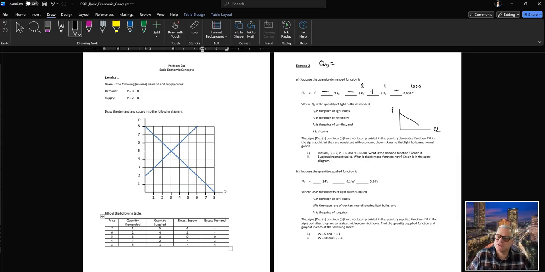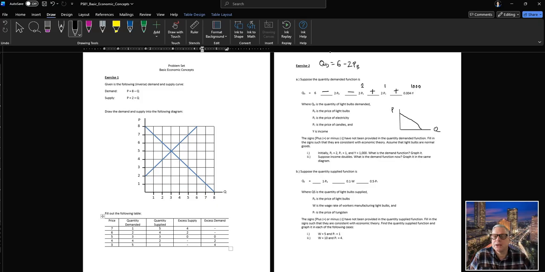So the objective is to draw something like this, but of course we need to know what is the intercept and what's the slope. So we are close to getting this. So now we can just get 6 minus 2 times PB, which is the price of the light bulb.